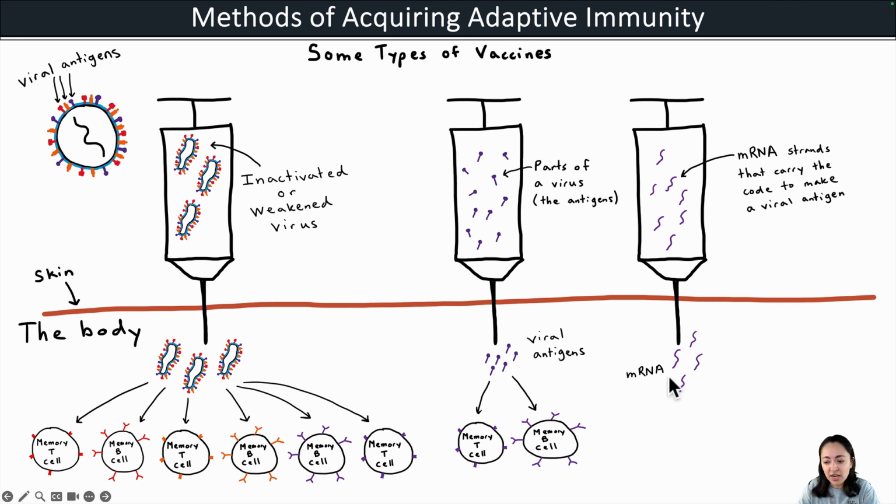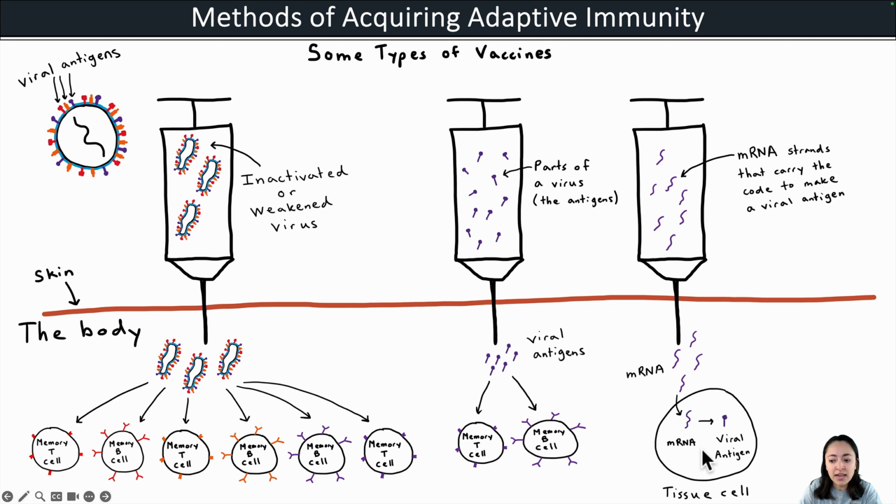When that mRNA is injected into your body, it's taken up by your tissue cells. Your tissue cells will naturally read that code on the mRNA and synthesize the viral antigens, or just those viral proteins.